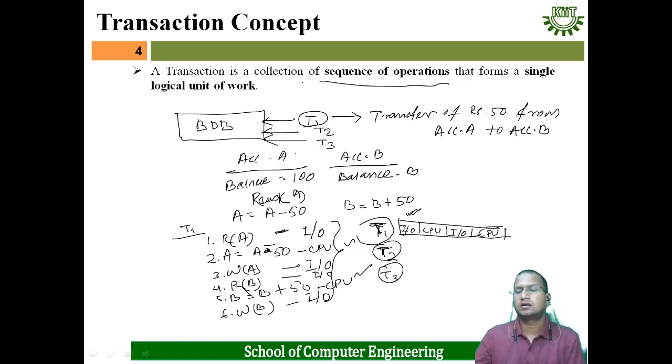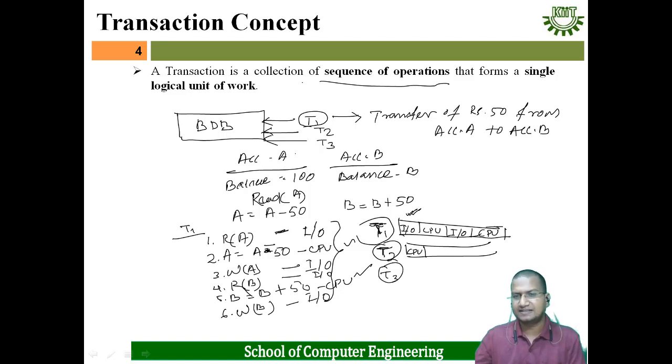As in process management, concurrent execution is needed to increase the efficiency of the CPU. Similarly, to increase the efficiency of the CPU, you have to execute the various transactions in a concurrent manner. That means whenever one transaction is performing its IO operation, at that moment we can perform CPU operations of another transaction.